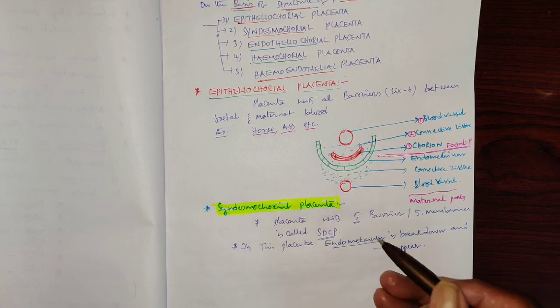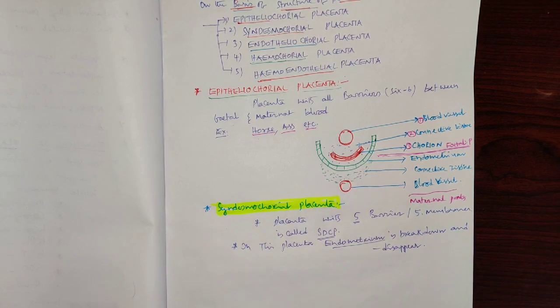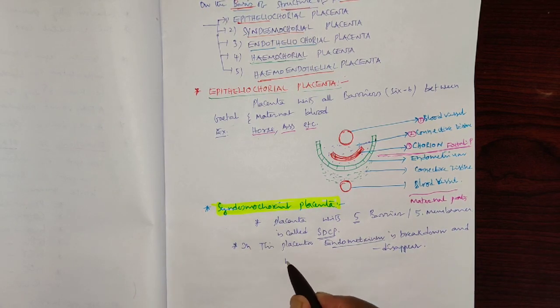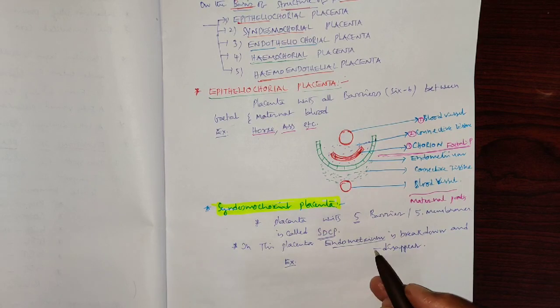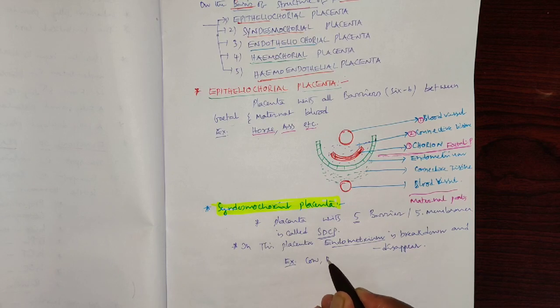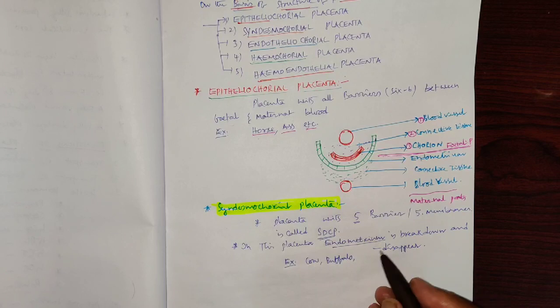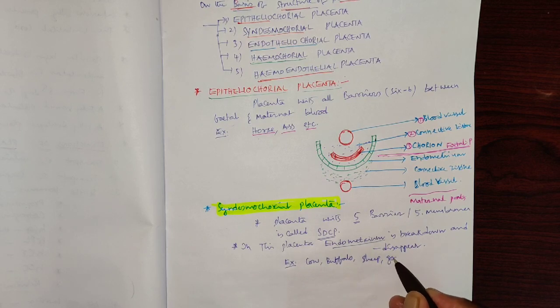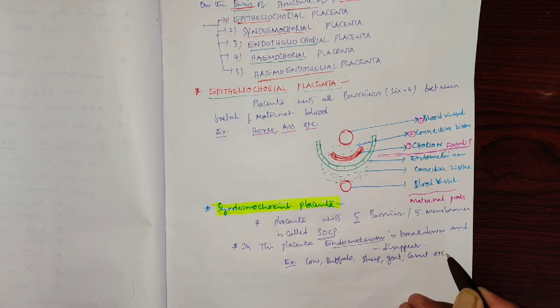So there are a total of 5 layers out of 6 layers. Examples for this type of placenta: cow, buffalo, sheep, goat, camel, etc.